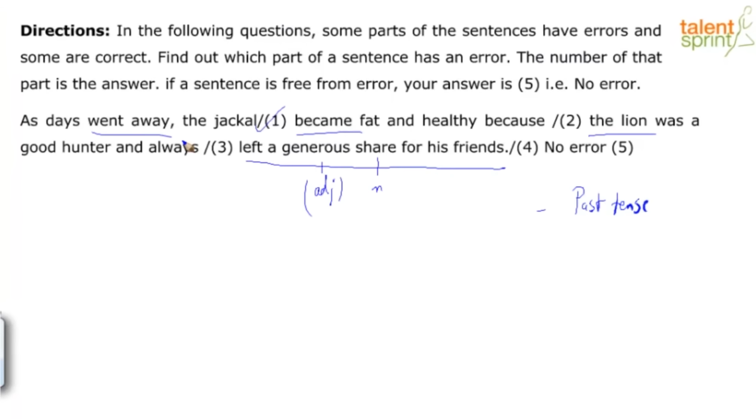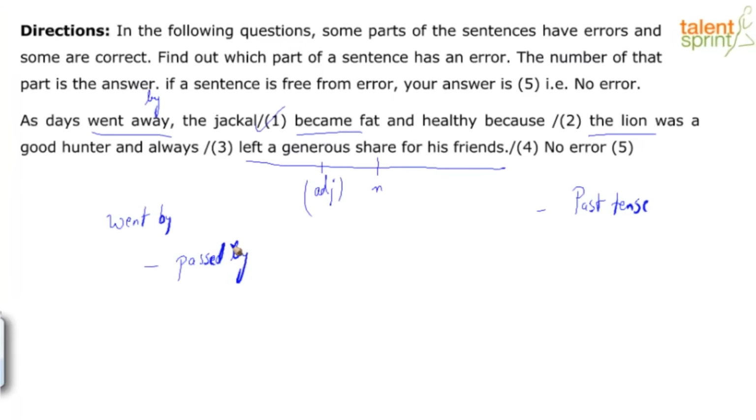The reason, because as a conjunction is the right one, giving us the reason, and then the reason is explained, right? So, here all you need to do is change went away to went by. As days went by, meaning went by has the same meaning as the days passed by, right? As the days progressed.